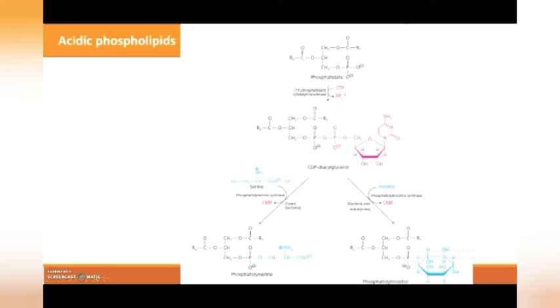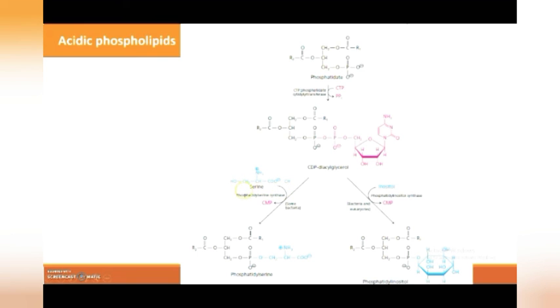As we know, CTP has 3 phosphates. One phosphate will attach here and then 2 phosphates will be released with the help of CTP phosphatidate cytidylyltransferase to form CDP-diacylglycerol.